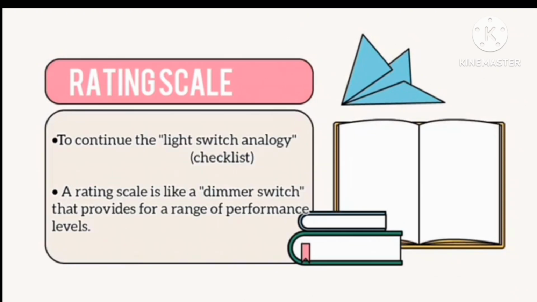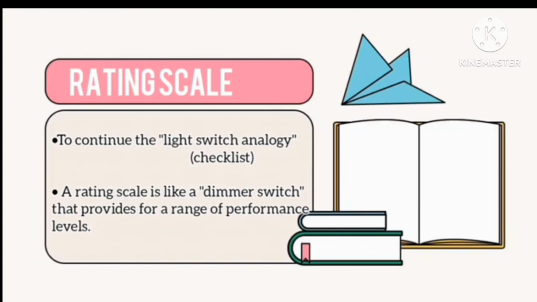So, to continue the light switch analogy, like with a checklist, the rating scale is like a dimmer switch that provides for a range of performance levels. This requires performance levels like 1, 2, 3, 4, 5. If the top is 5, then the lowest is 1.